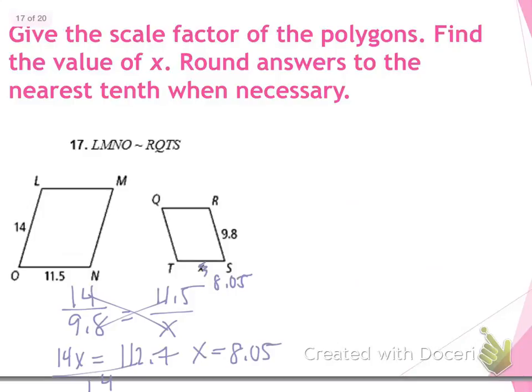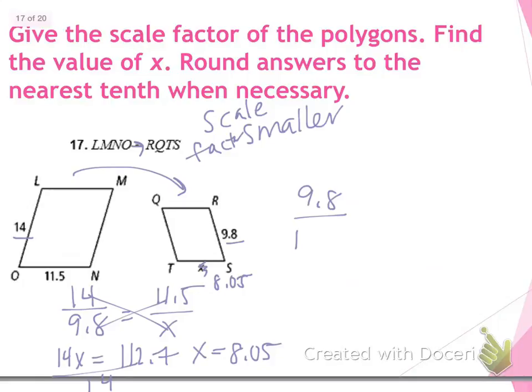So when I set up my proportion, I'm going from LMNO to RQTS. So if I look, I'm going from 14 to 9.8. So I'm getting smaller. So I need my scale factor to be small. So when I set it up, 9.8 matches with 14, 8.05 matches with 11.5, so if I divide them, I get 0.7 is equal to 0.7.